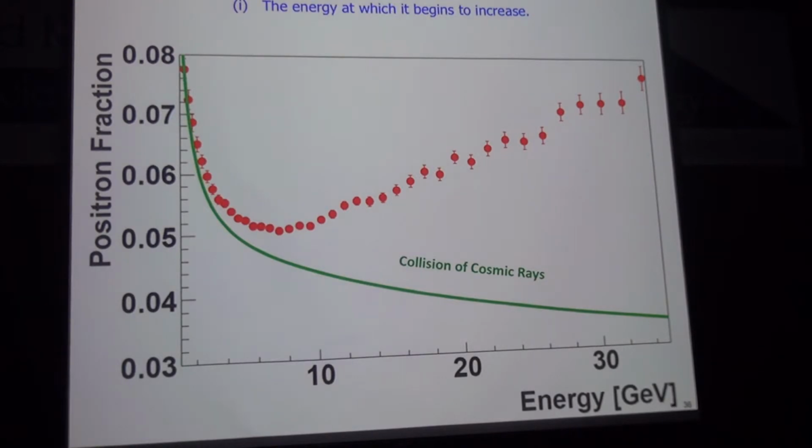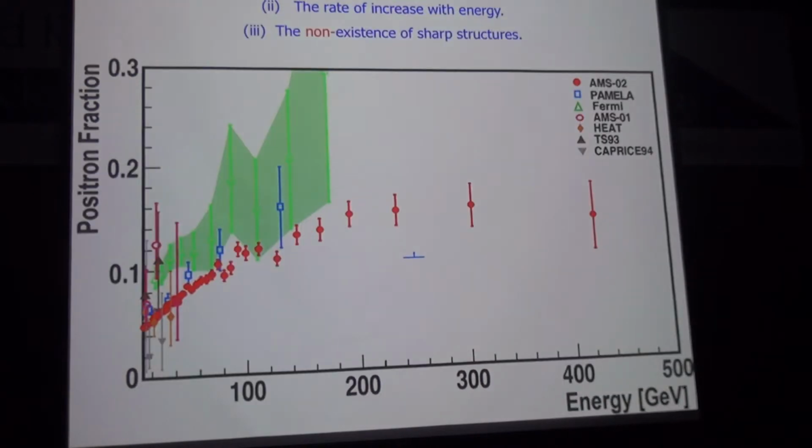This has first been seen by the Pamela collaboration, and now we have seen more details of this measurement. And we extend the energy reach to about 500 GeV. You see that the spectrum goes up, but levels out at about 200 GeV.